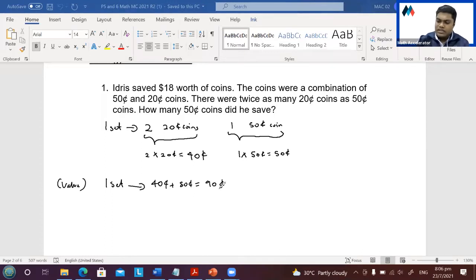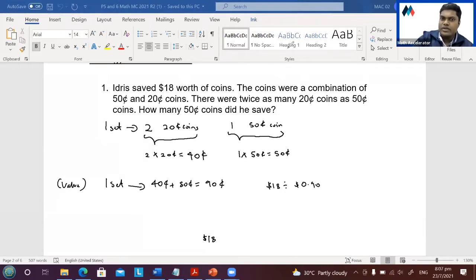The total we want is $18. So how many of this 90 cents will add up to $18? You simply take $18 and divide by 90 cents.